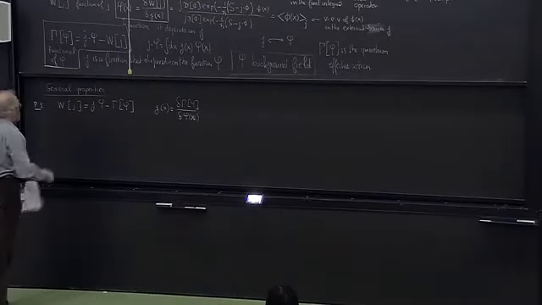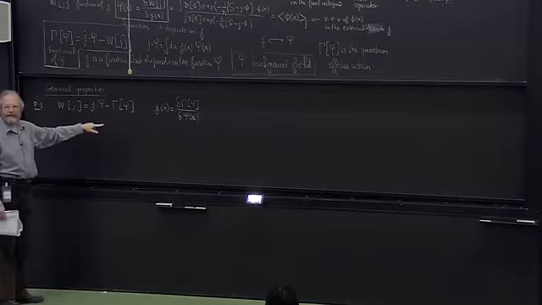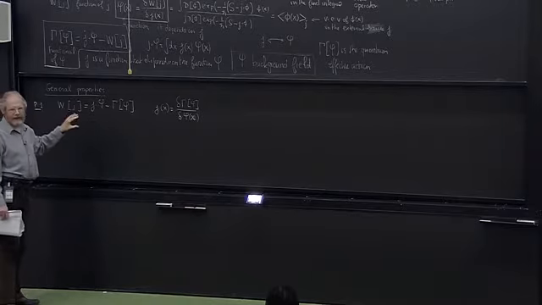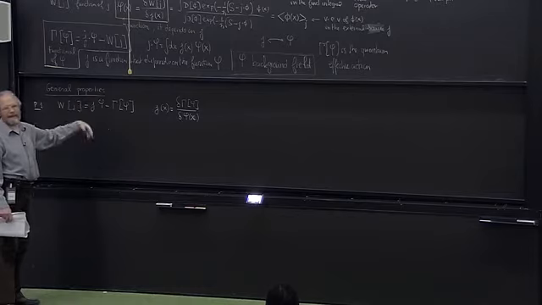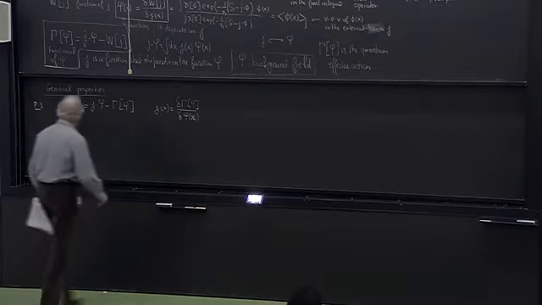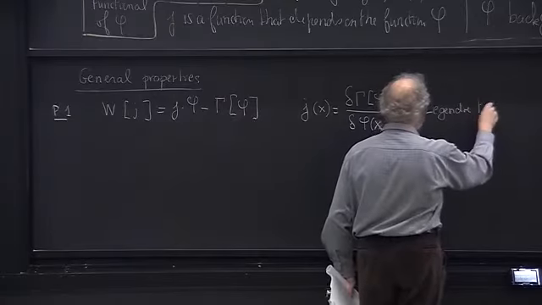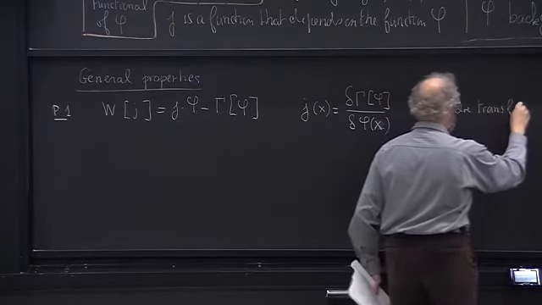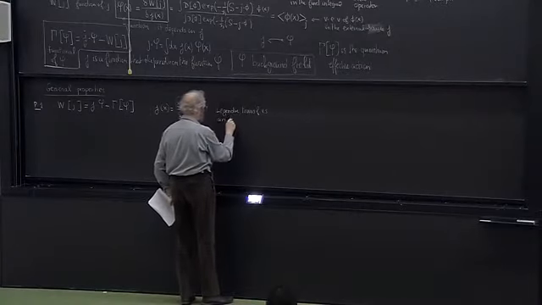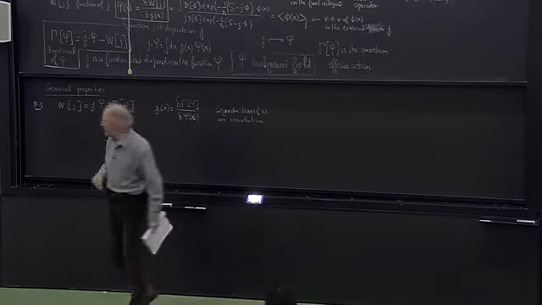So, in other words, the Legendre transform of a function is in general the function itself, which means that the Legendre transform is an involution in some adequate space of functions. Applying it twice, you get back to the original function. So the Legendre transform is an involution, okay, in an adequate space of functions.